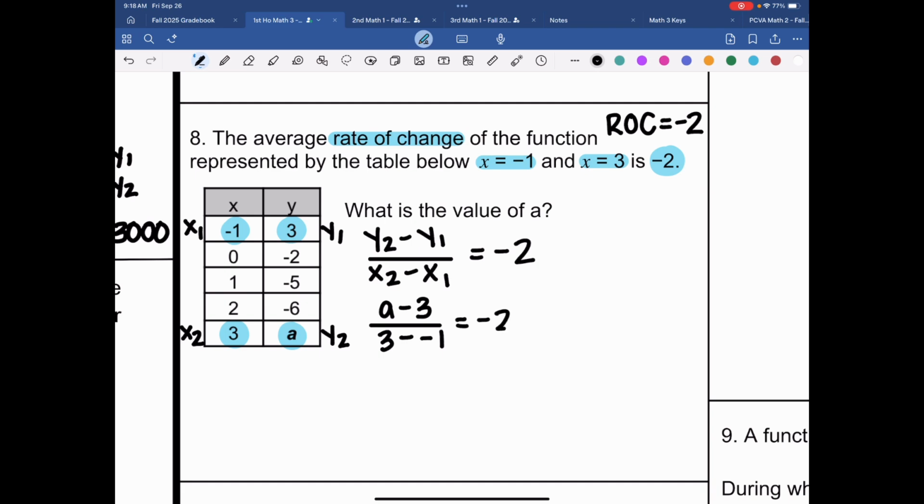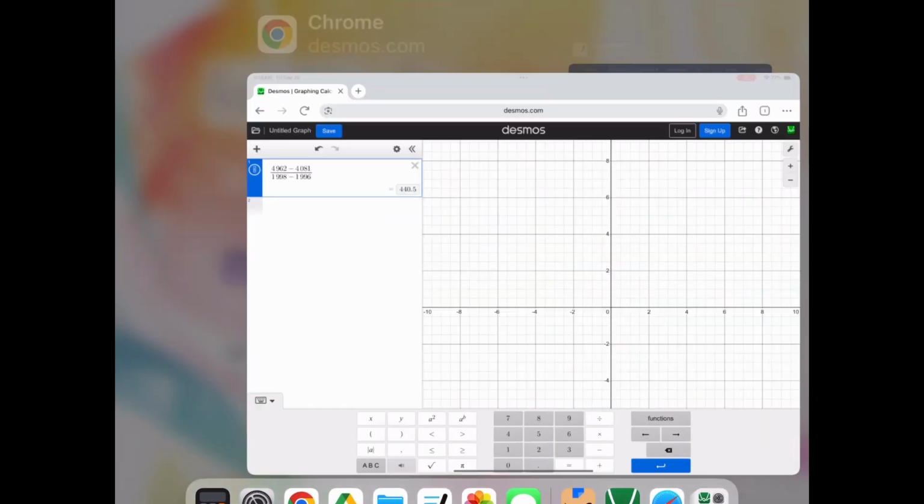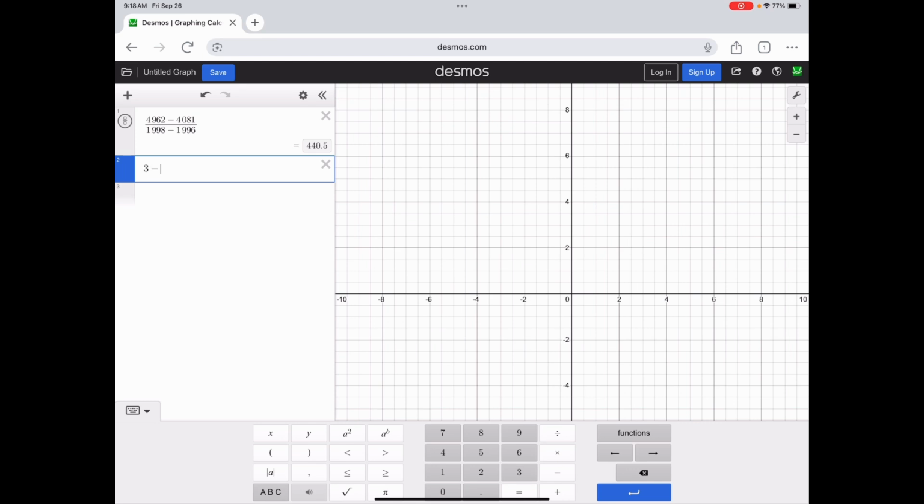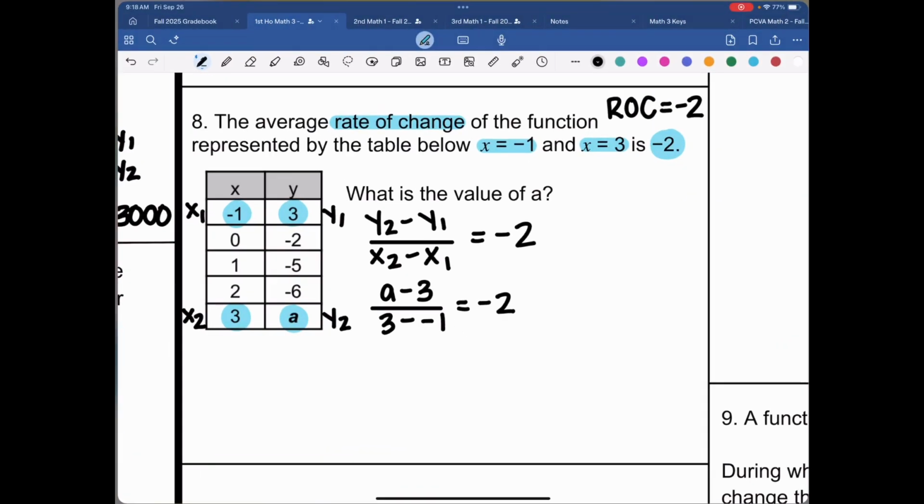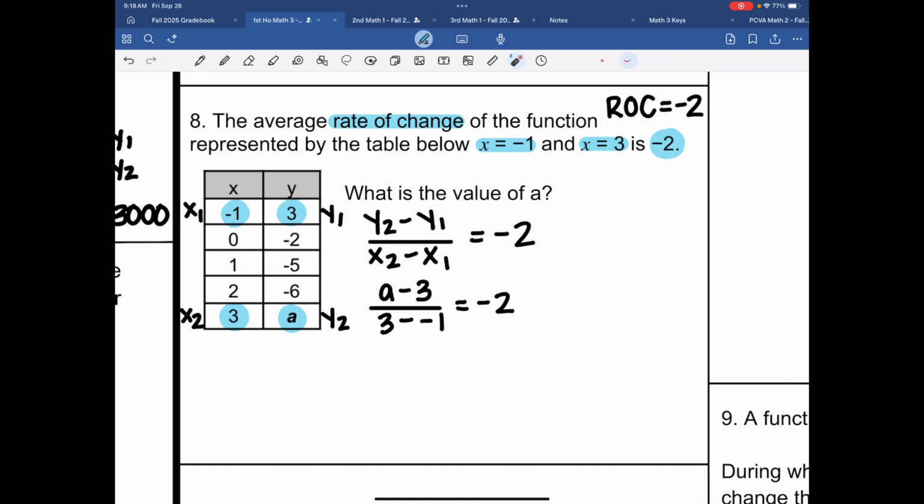And that equals -2. So I'm going to simplify this. I hope you know that minus and negative is going to turn into a plus sign, which is going to give me +4. So over here, if I calculate that, that's going to be 3 plus 1, and that equals 4. So this is going to turn into a minus 3 divided by 4 equals negative 2.